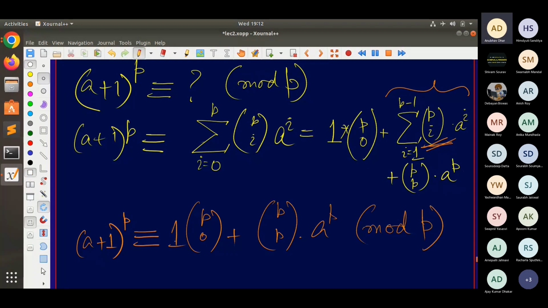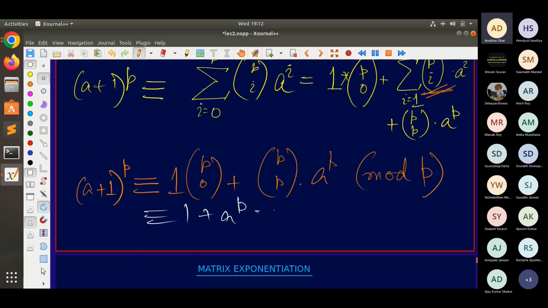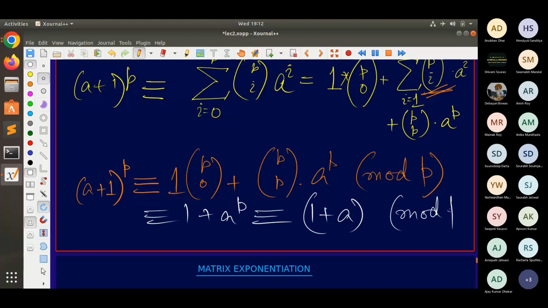Now this is congruent to 1 plus a power p. And now using this, we assume that this is true for some a, so this is congruent to 1 plus a mod p. Okay, so everyone is fine with this proof?